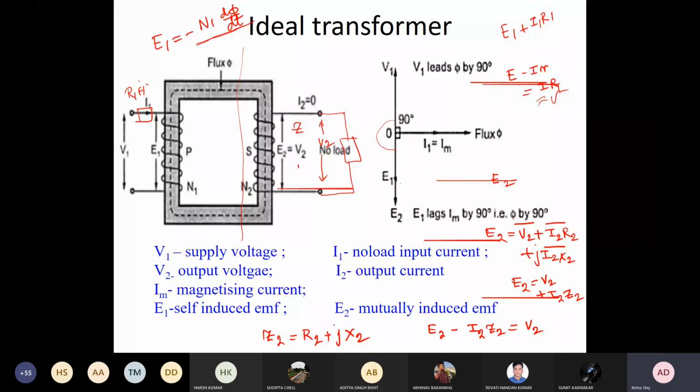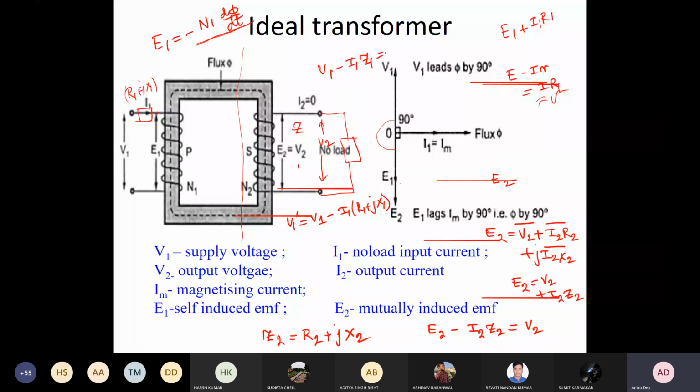Your V1 will be revised as V1 dash equal to V1 minus I1 into (R1 plus jX1). That is the applied voltage here because of the drop across this impedance.